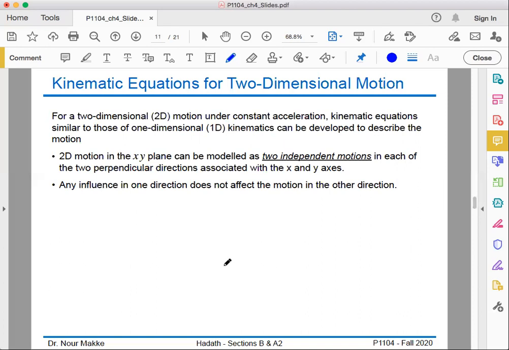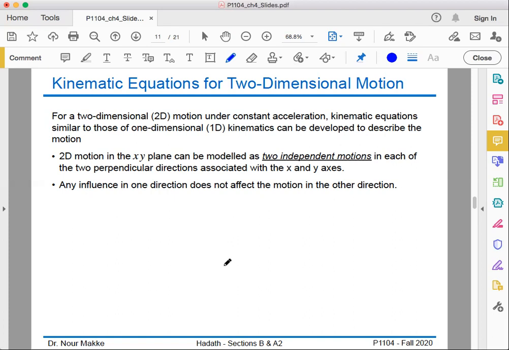And we have seen that we can write down x, the position, as a function of time, the velocity as a function of time, and the velocity as a function of the position and the acceleration. So what we are going to do here is to write down these equations for the case of 2-dimensional motion, okay, and under constant acceleration.